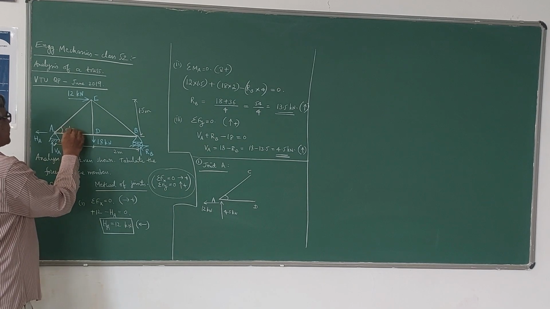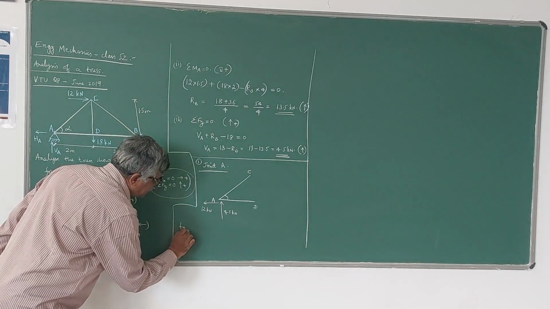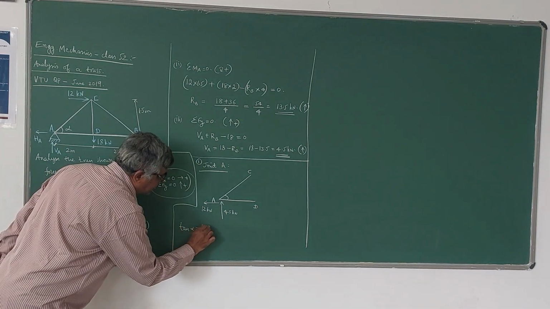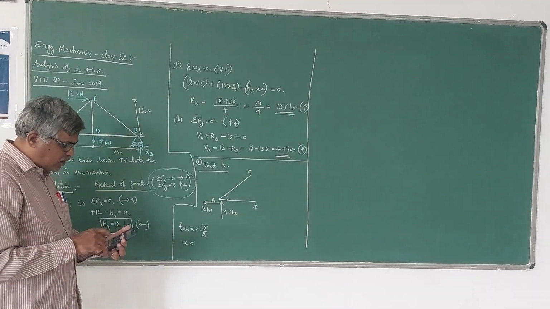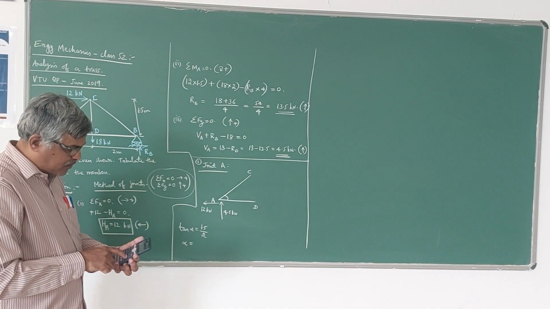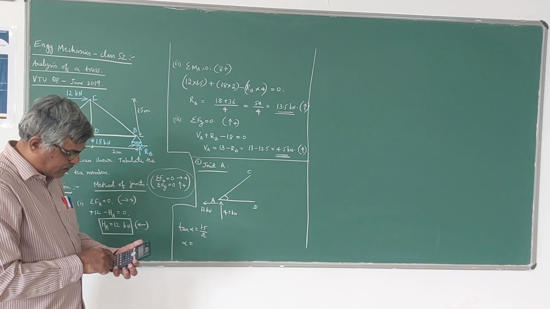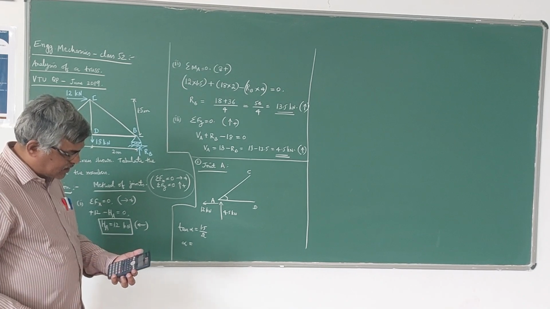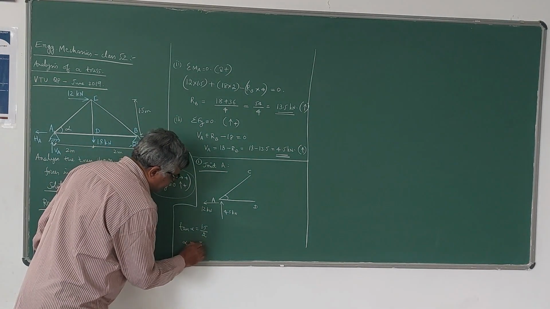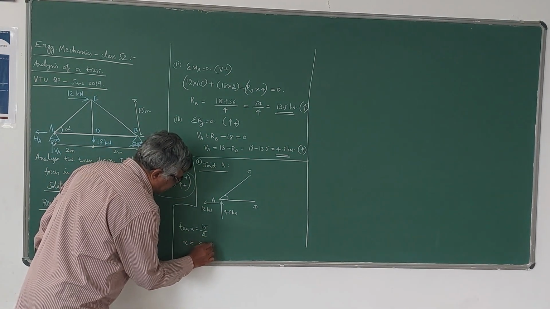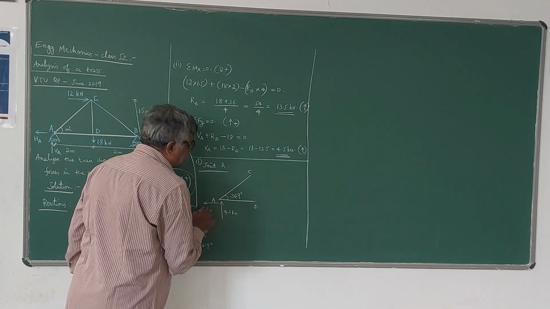Suppose we take this as alpha, so tan alpha will be equal to 1.5 divided by 2. Therefore alpha will be tan inverse of 1.5 by 2, which is 36.87 degrees or 36.9 degrees. So alpha is 36.9 degrees.